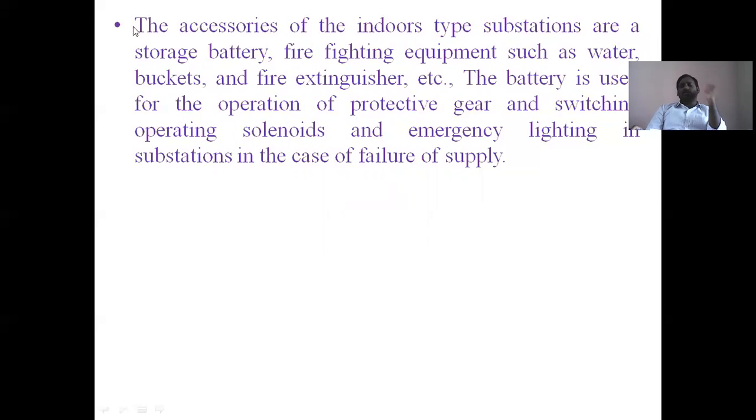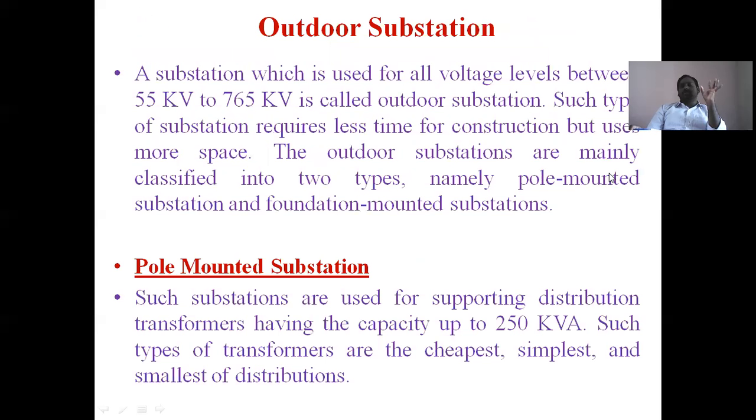That means this storage battery provides a supply for the metering equipments, and firefighting equipments such as water buckets and fire extinguishers, etc. The battery is used for the operation of protective gear and switching operations, operating solenoids, and emergency lighting in the substation in case of a failure of supply. These are the components used in an indoor substation.